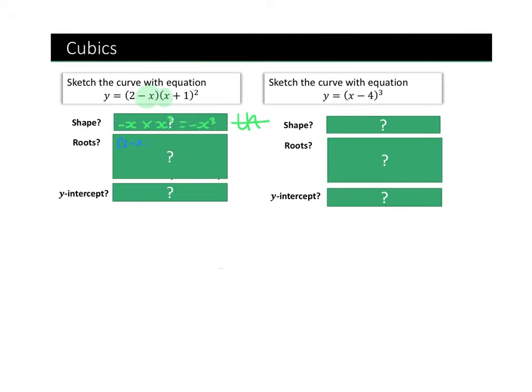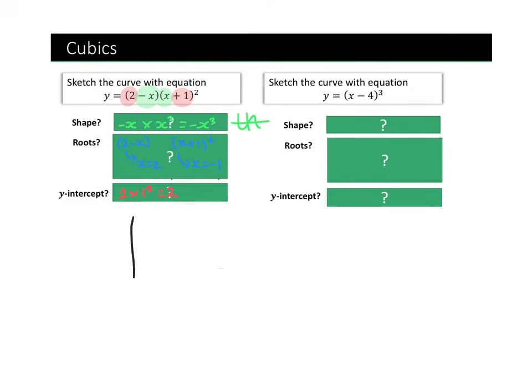So for 2 minus x, that means x equals 2. And x plus 1 squared, this is equal roots. X equals minus 1. Okay? Then my y-intercept is 2 multiplied by 1 squared, 2 times 1 squared, which is 2.